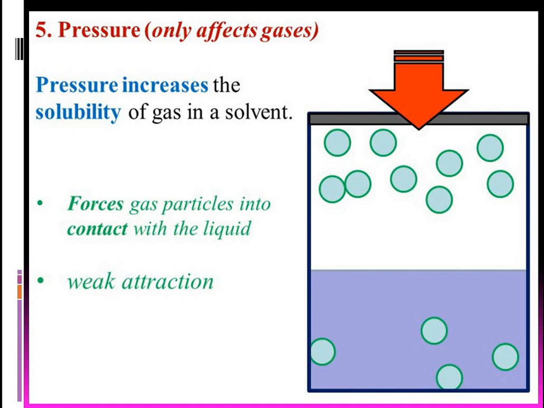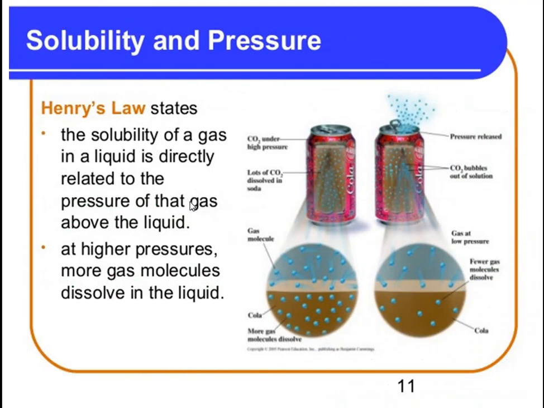So we can say that pressure is the main thing which affects gases in liquid solutions. As pressure increases, the solubility of a gas in a solvent increases because it forces gas particles into contact with the liquid. The gas particles have a weak attraction, so they get into the liquid easily.